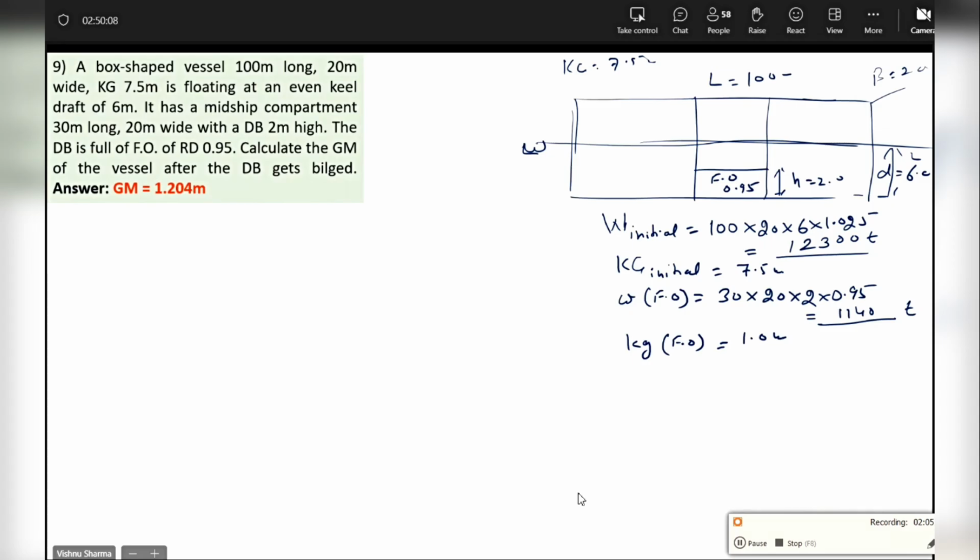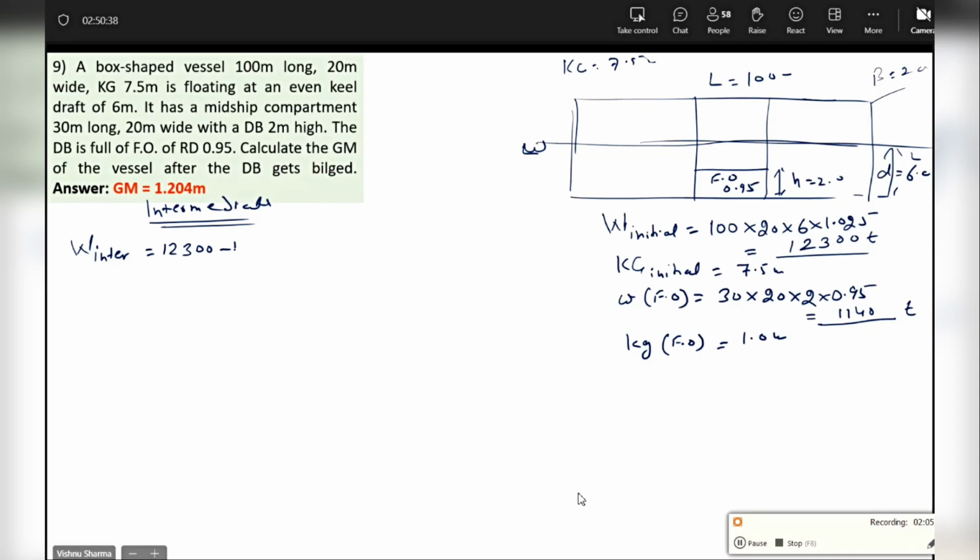Now, I basically come to an intermediate condition, wherein I assume this oil to be pumped out. The ship is intact, not damaged yet. So the displacement of the ship in the intermediate condition will become 12,300 minus 1140.